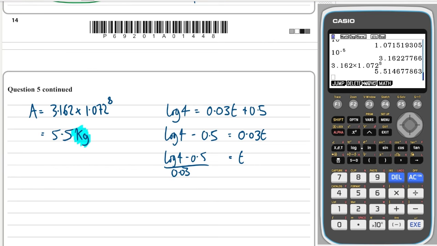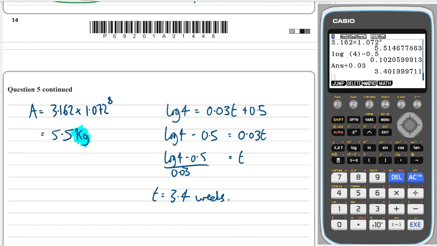Great. So I would do log, and that automatically does base 10, minus 0.5, is equal to, then divide that by 0.03, and we get 3.4. And the units for that would be weeks, as given in the question.